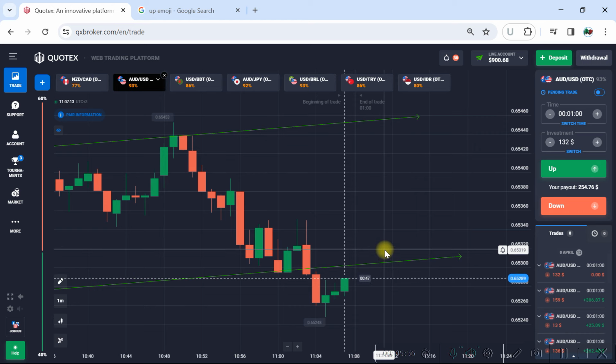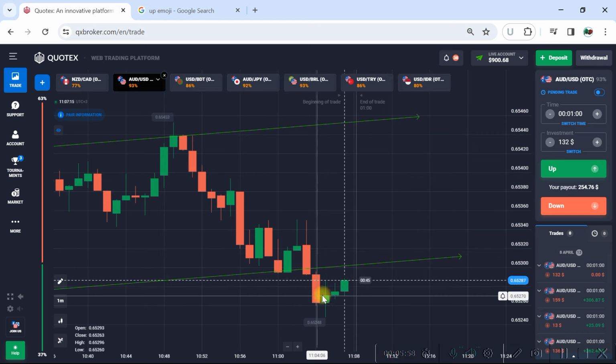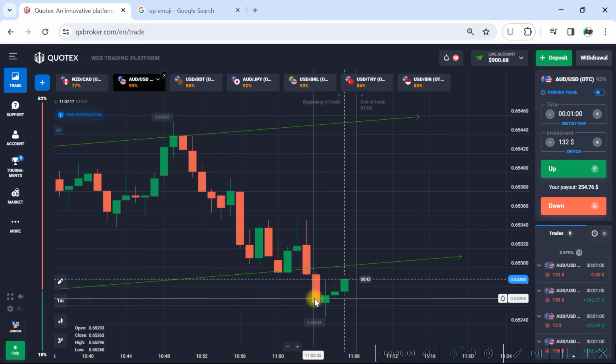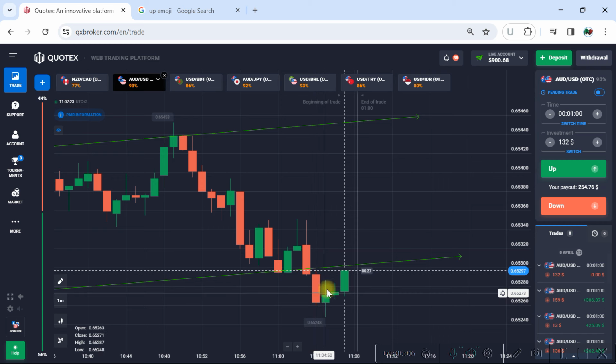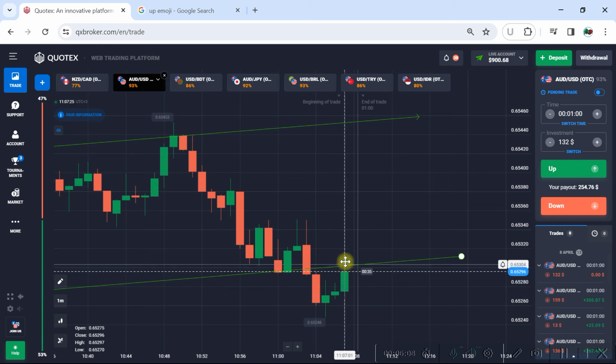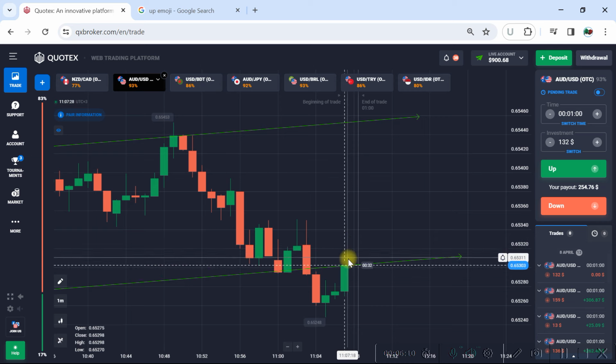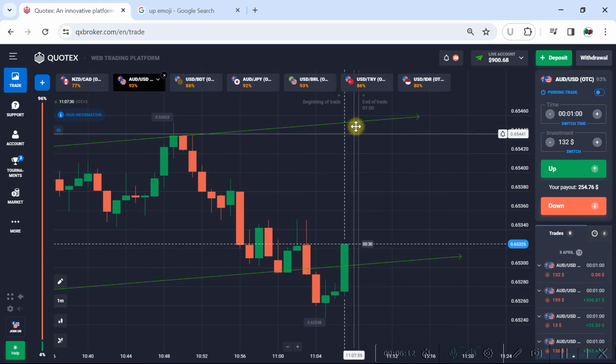And we will wait and see what price does, because again, this could be a fake out or a breakout. If it goes back inside our channel, then we'll begin our new trend upwards.